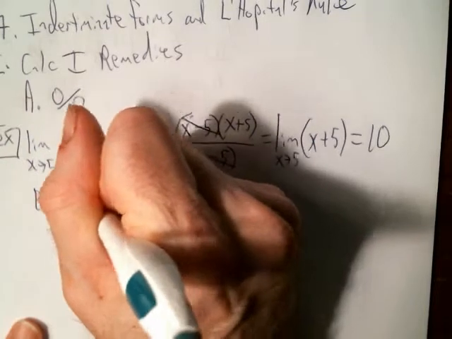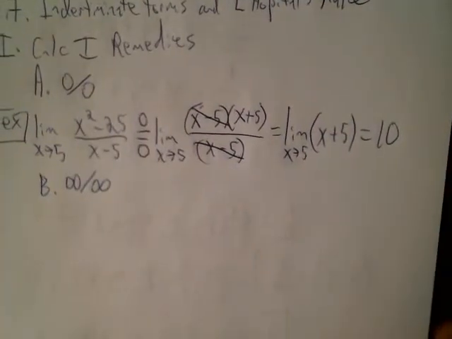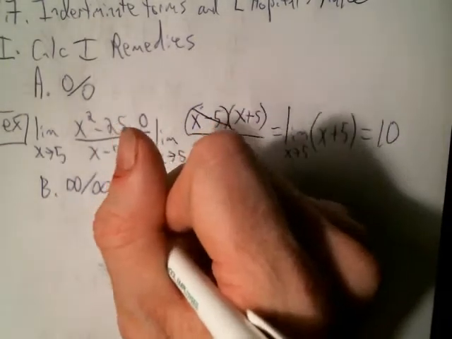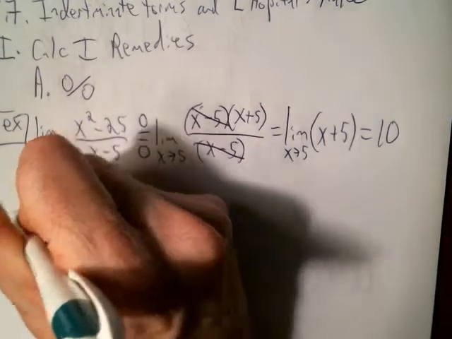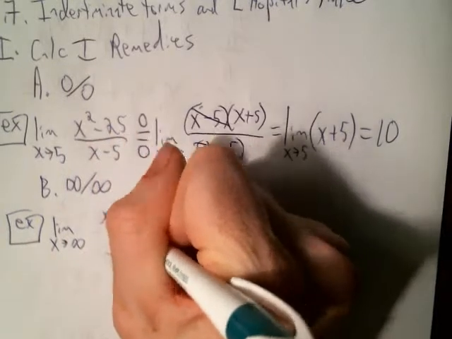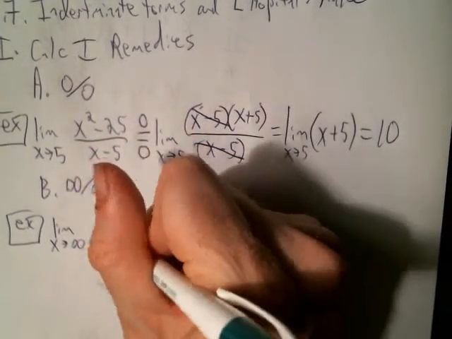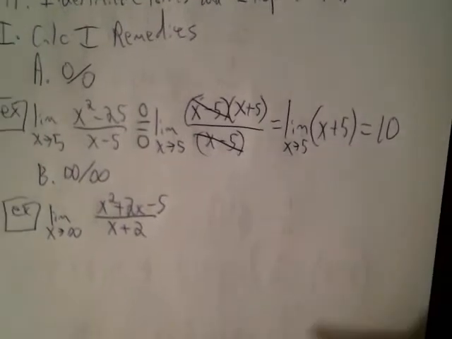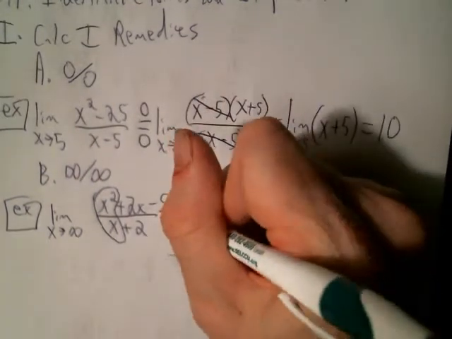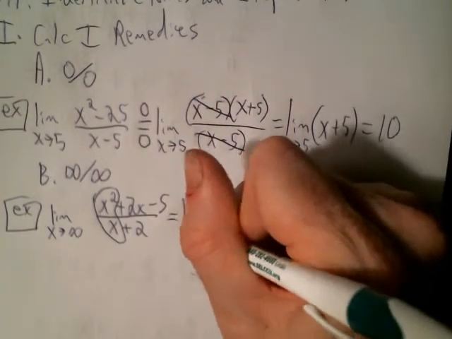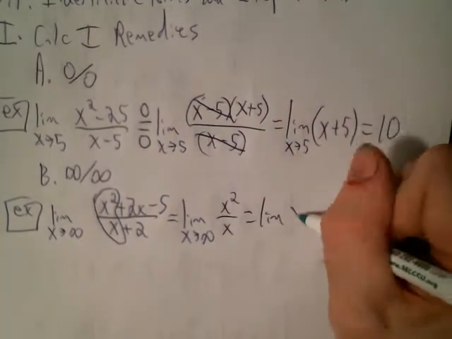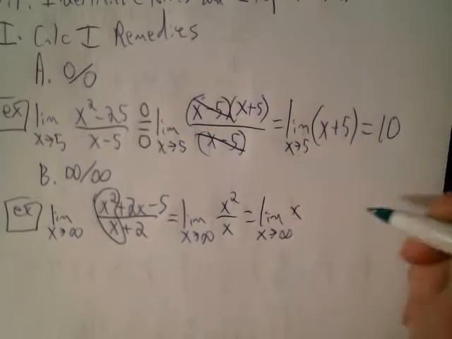If you have some type of infinity over infinity where the numerator and denominator are rational functions, so if, for example, the limit as x goes to infinity of x squared plus 2x minus 5 all over x plus 2, you could figure out this limit just by chopping everything except the high degree terms off. Okay, so this will be the same as the limit as x goes to infinity of x squared over x. Okay, and so that will be the limit of x as x goes to infinity.